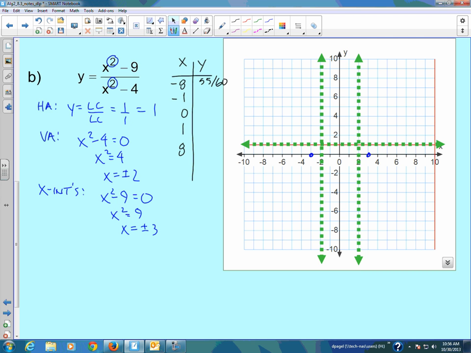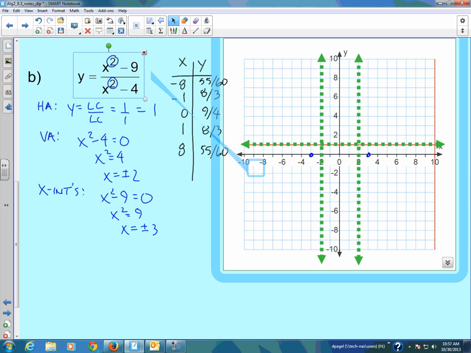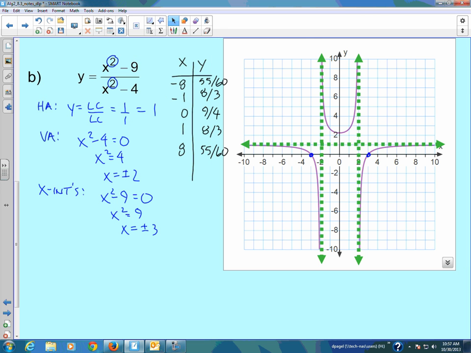Again, I convert that to a decimal there. Negative 1 gives me 1 minus 9 is negative 8. Negative 8 over negative 3 is 8/3. 0, I get 9/4. 1, I get my 8/3 again. And 8, I would again have 55 over 60, just less than 1. So here's what it would look like after I plotted all of those points. So you'll notice there's your 9/4, or where x is equal to 0 right there.